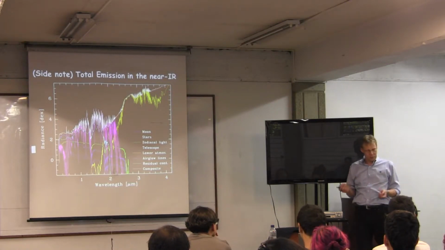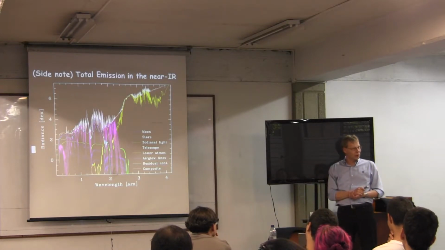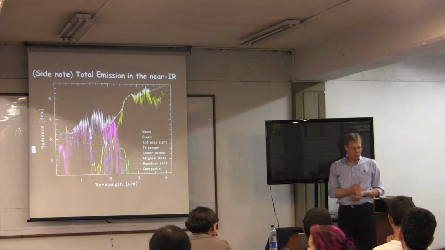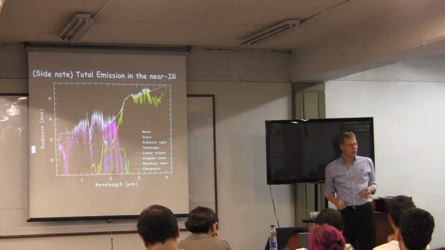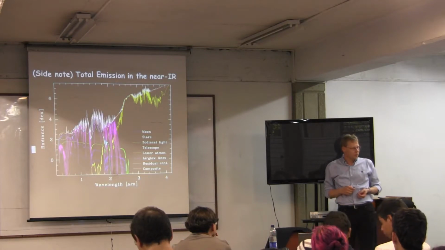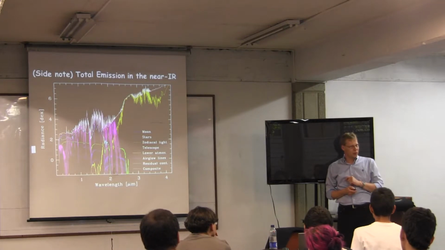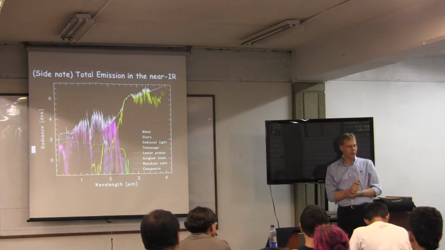So the simple thing is to go back and forth between the object and a position on the sky which is close to the object. If you go far away, and far doesn't mean 20 degrees, far is already 1 arc-minute, the atmosphere may already be very different from your actual source location.